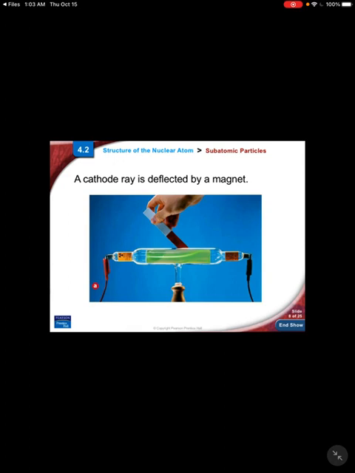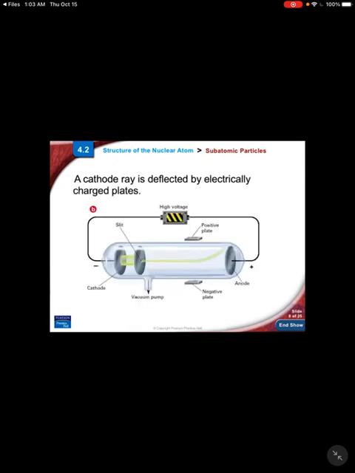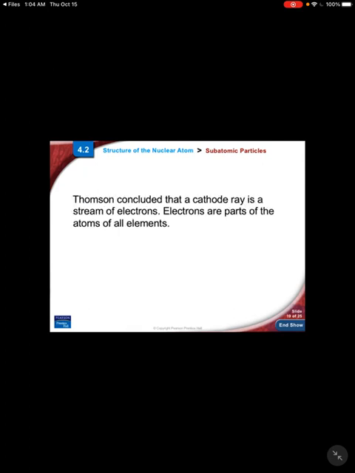He also saw it could be deflected by electrically charged plates, and that the stream itself moved toward the positive plate. Since it was attracted to the positive plate and opposites attract, the stream must be a stream of negatively charged particles. And coming from electrical origin, the term electrons is what stuck.